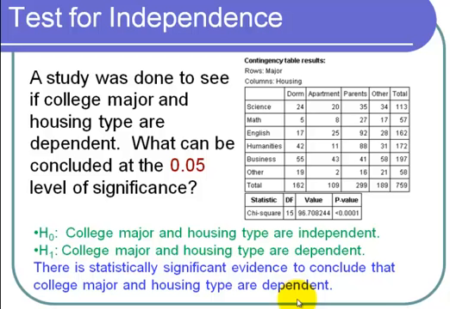If the p-value had been larger, like say 0.72, then we would just say we have insufficient evidence to make a conclusion about whether they're independent or dependent. But we did have a small p-value, so we really could say that we have statistically significant evidence that college major and housing type are dependent.